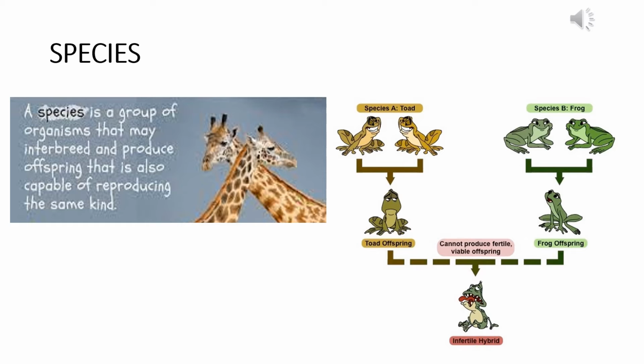Now this green colored toad and the brown colored toad are actually different species and they cannot interbreed and cannot produce a fertile offspring. They might mate, but the offspring that is produced is either infertile or not viable. So a species is a group of organisms that interbreed among themselves and produce fertile offspring.